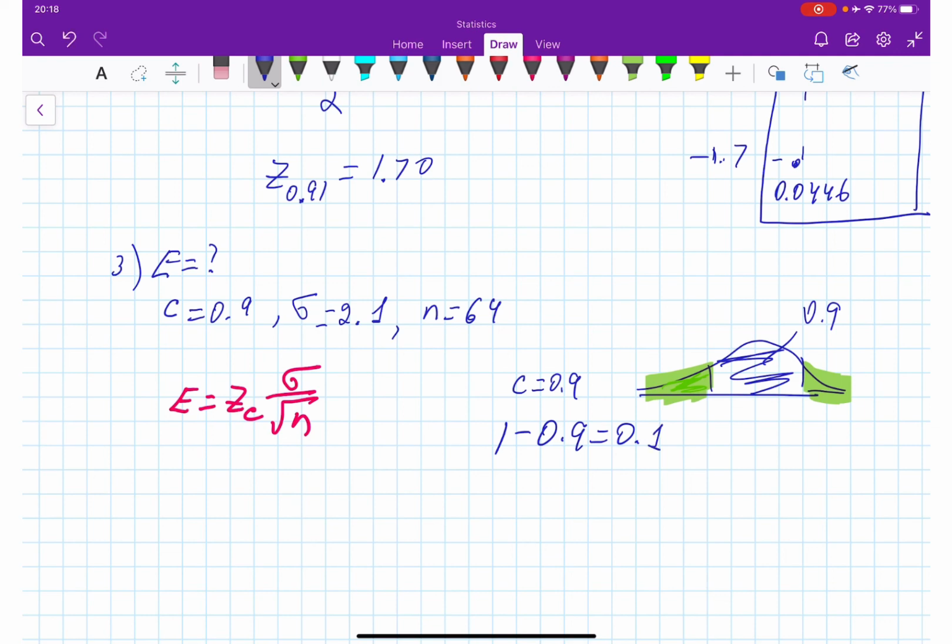We divide by 2 and get 0.05. Now let's go find 0.05 in the table of negative z-scores.